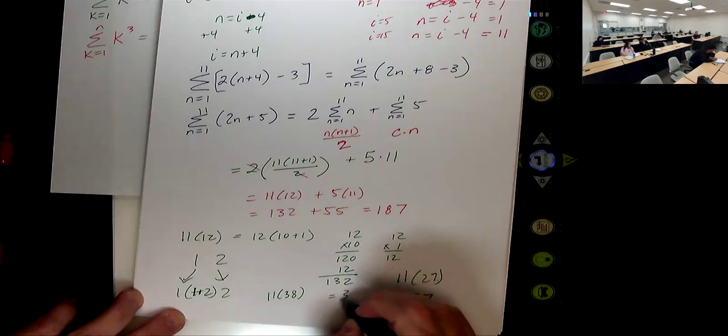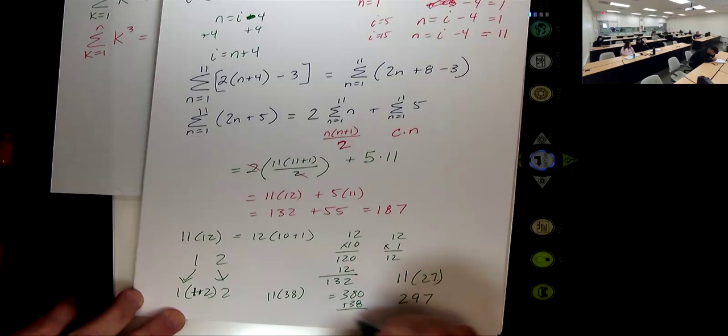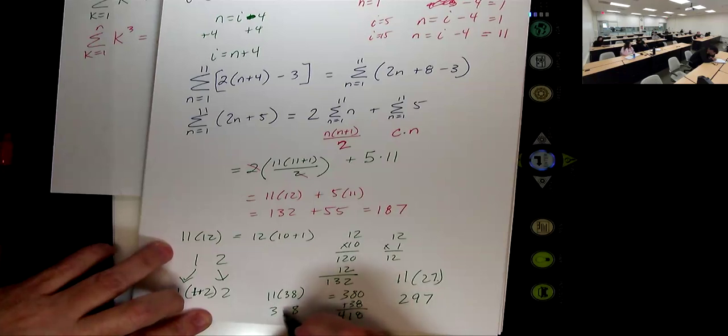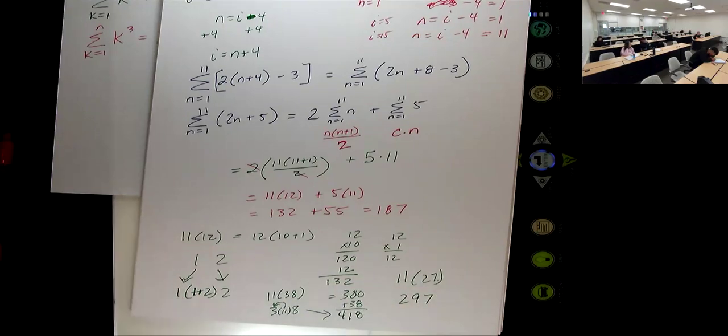What happens is you have 380 plus 38, which is 418. So if I wanted to split it, the 3, the 8, I have 11 in the middle, I have to add that extra 1 to there to get the 418.